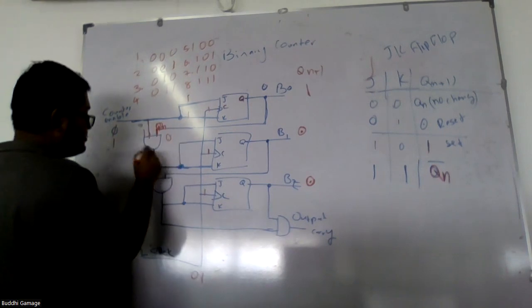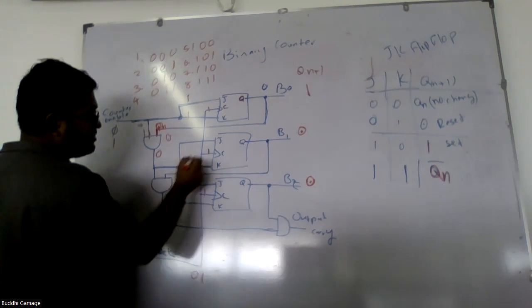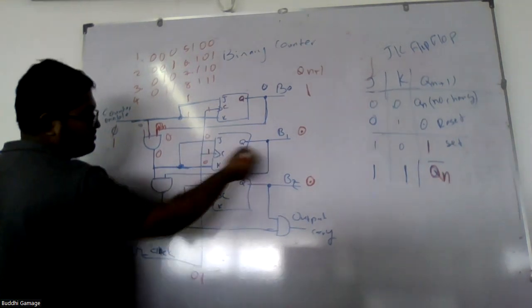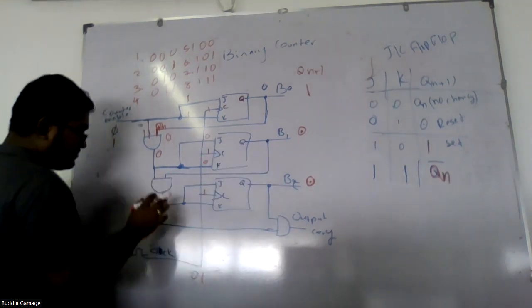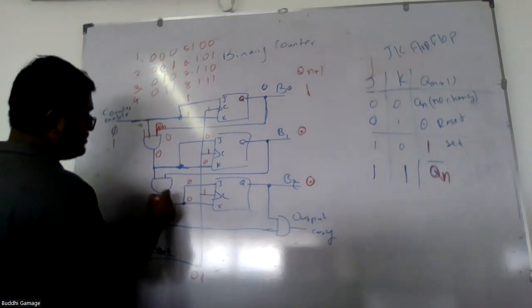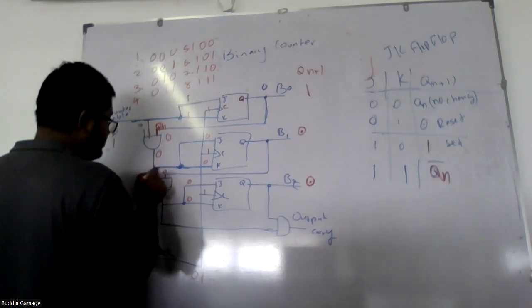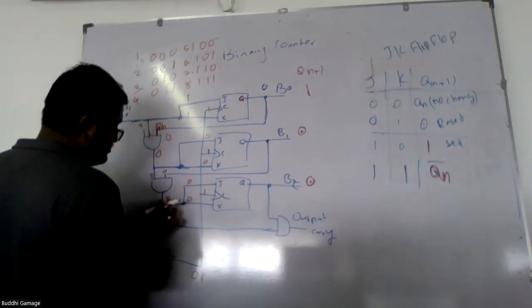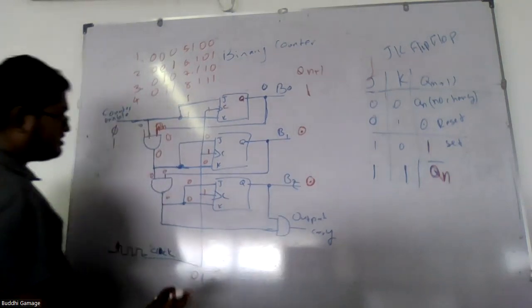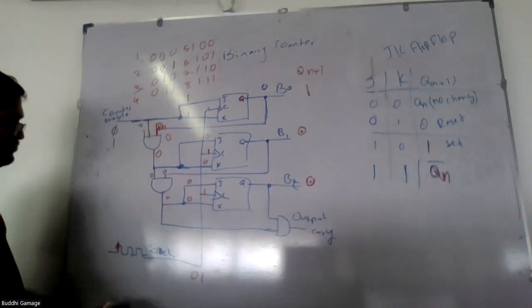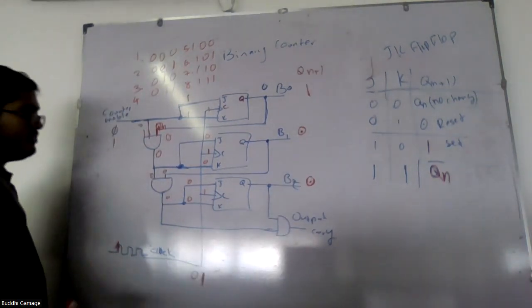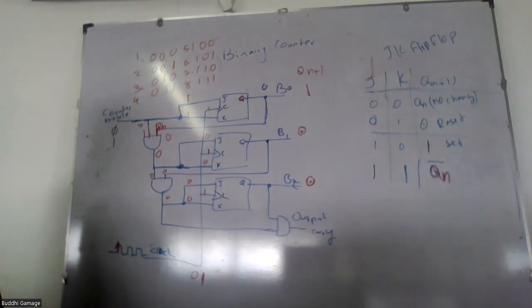Since 1 and 0, this is 0, so the whole thing will be 0. So from here onwards, the whole thing will be 0. Since 0, 0 is the no change state, here also output 0 and here also output 0. So 0, 0. Those are in no change state for the first initial occurrence, right?